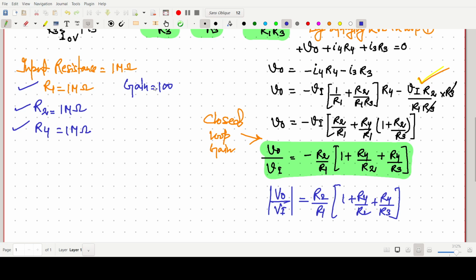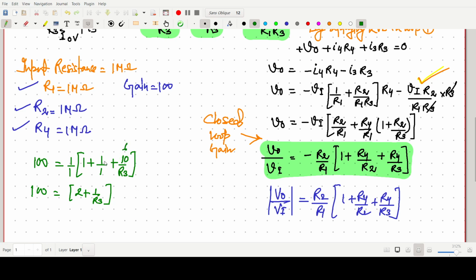Now we have to design for a gain of 100. So we can write 100 equals R2 by R1, so 1 by 1, times 1 plus R4 by R3, and R4 is also 1. So R3 value we have to find. So 100 equals 2 plus 1 by R3, and all are in mega ohm.